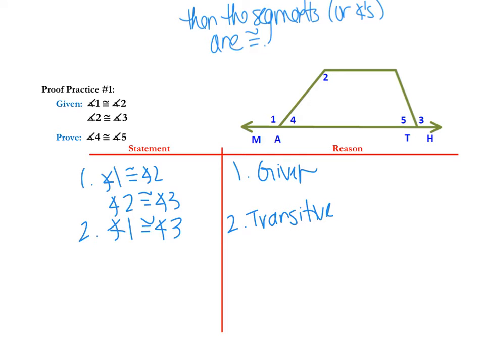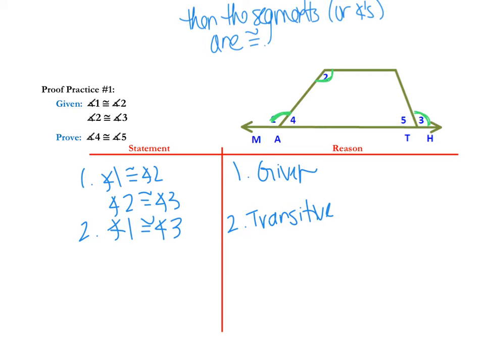Okay. So far, I have angle 1 is congruent to angle 2, and then I also have that angle 1 is congruent to angle 3. So all of these are congruent so far.